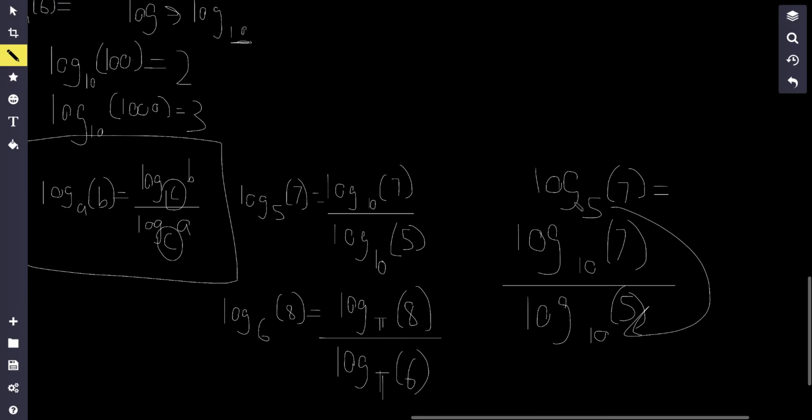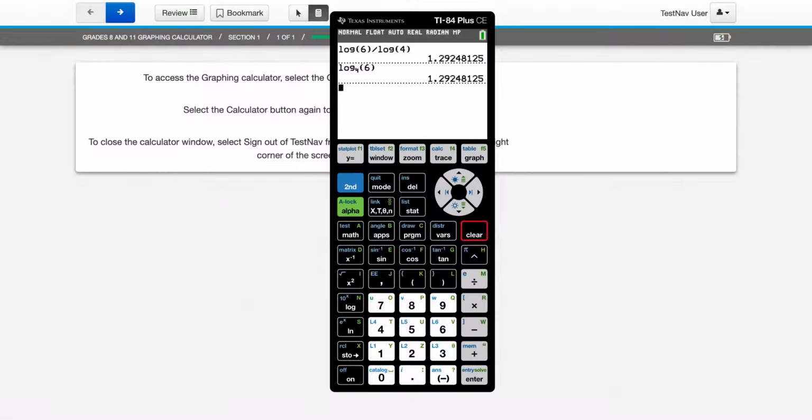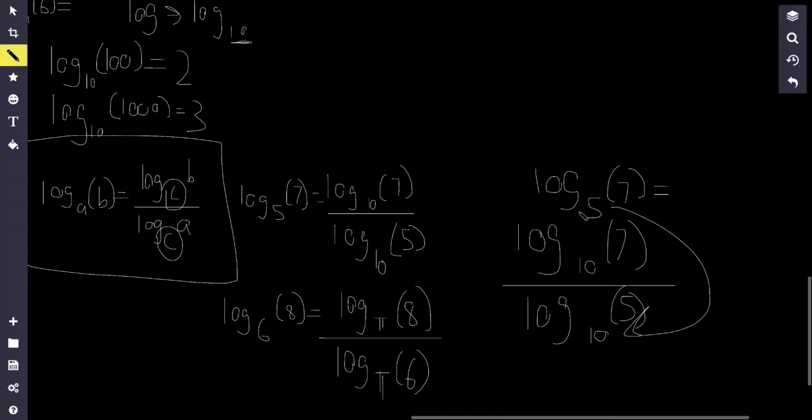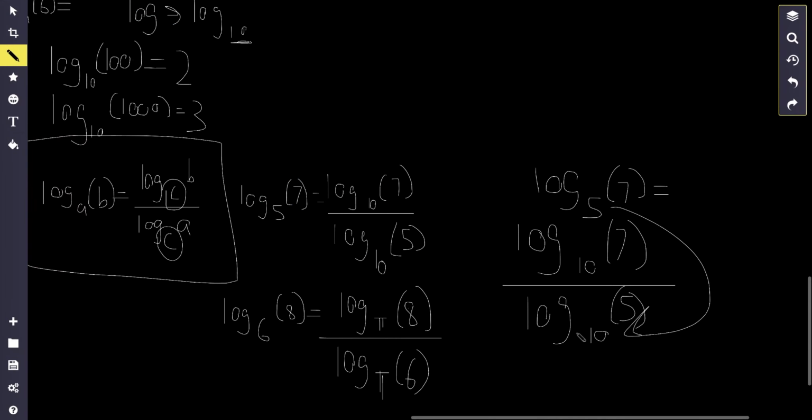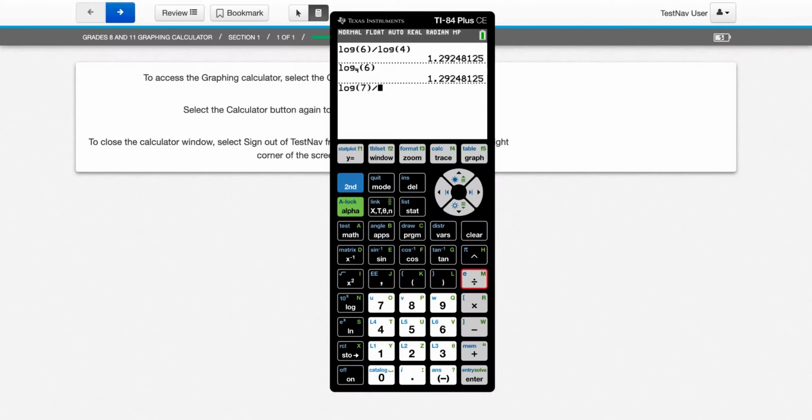My calculator is in base 10, and my problem is using base 5, which is bad. So using the change of base rule, I'm able to convert this logarithm into base 10. So now I can use my calculator to solve this. This is just going to be equal to log base 10 of 7 divided by log base 10 of 5.